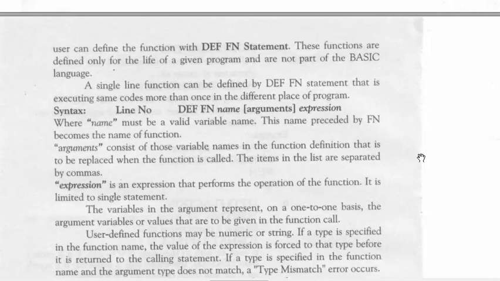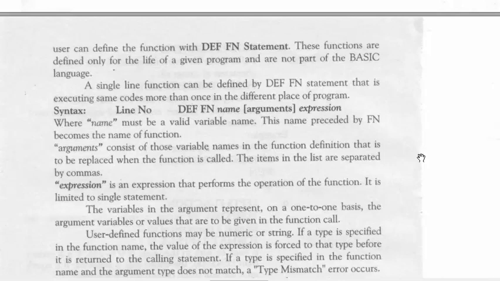The items in the list are separated by commas. Expression is an expression that performs the operation of the function. It is limited to a single statement. The variables in the argument list correspond on a one-to-one basis to the argument variables or values that are given in the function call.